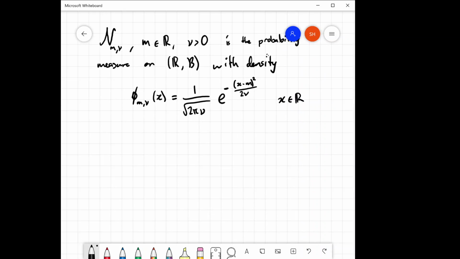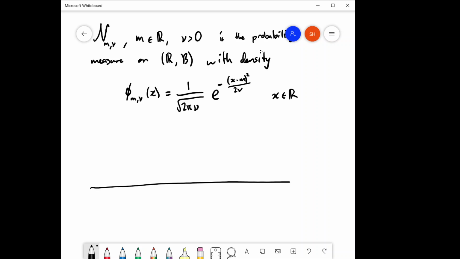And just to give you an idea of what this looks like, I've got R here, you've got your point m, and you've got something that decays like this, except much quicker than what I've drawn. So it's like this, and then very quickly almost 0.